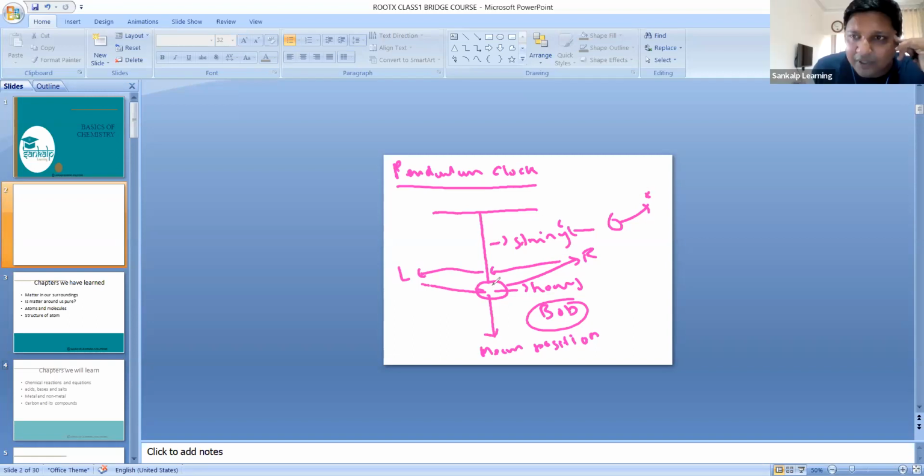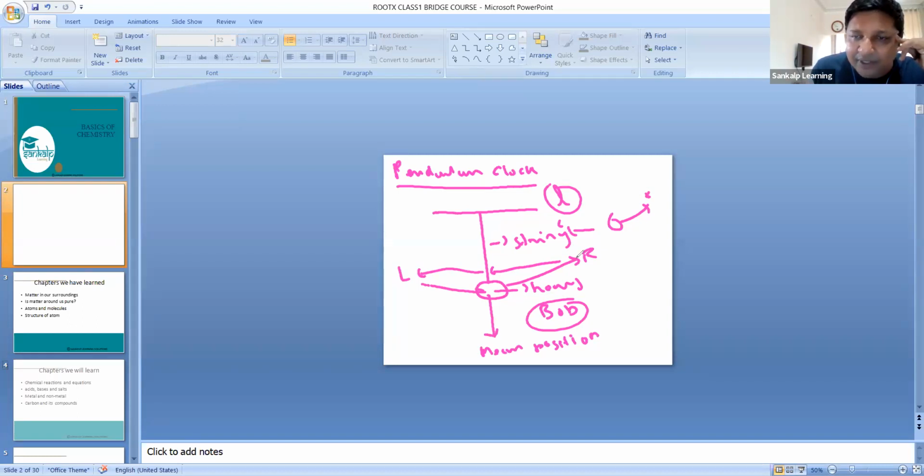The movement of this bob only depends on the length of the string, not on the weight of the bob. So length is a very important factor. The length of the string will decide its time interval.